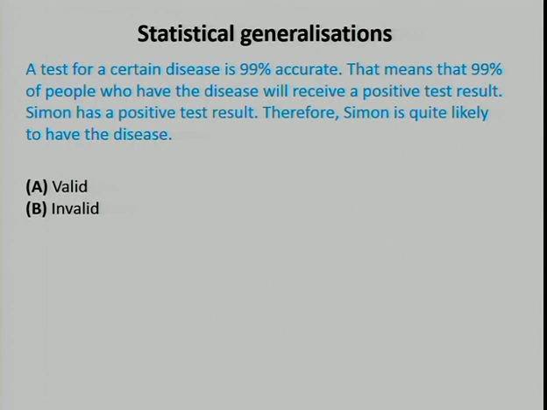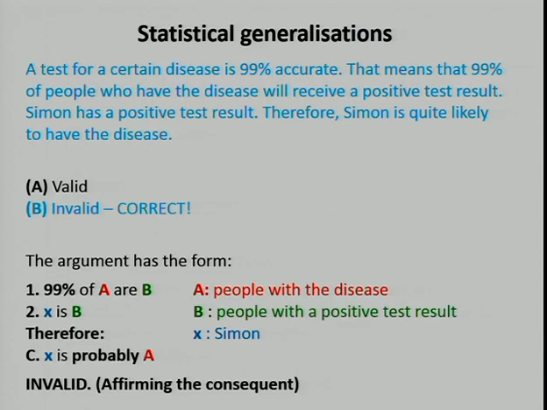Mm-hmm. So pretty sure it's B and valid. Does anybody else want to? Yeah. So that's what we just had, right? Actually, that's exactly the same thing as we just had. So that's good.